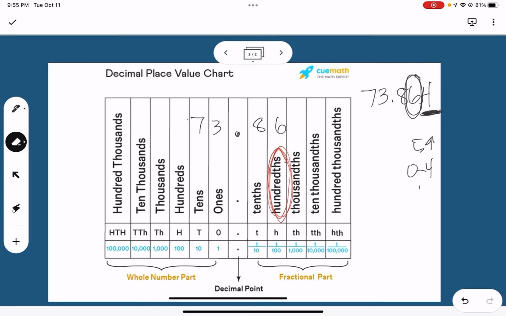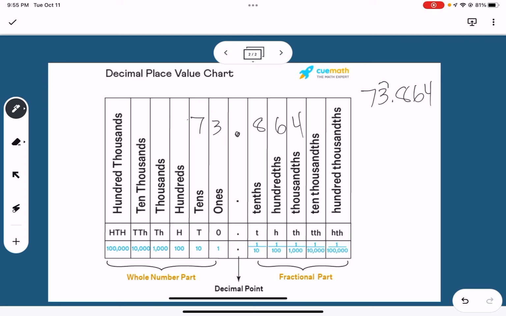I'll do one more. Let's pretend that this time I would like you to round to the nearest whole number, or the ones column, right? So this is the one we're focused on. This is the one where we need to stop.